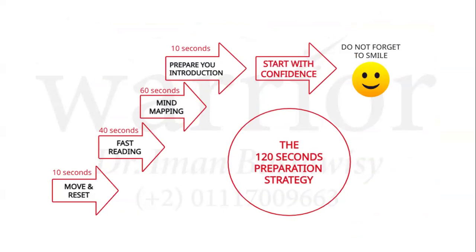Let's see how we're going to divide these 120 seconds. Now imagine the bell is ringing and you are leaving a station. So 10 seconds to move outside the cubicle together with your sheets and pencil. Fast reading with 40 seconds, followed by 60 seconds to plan for your station, and 10 seconds for an impressive start with a smile.